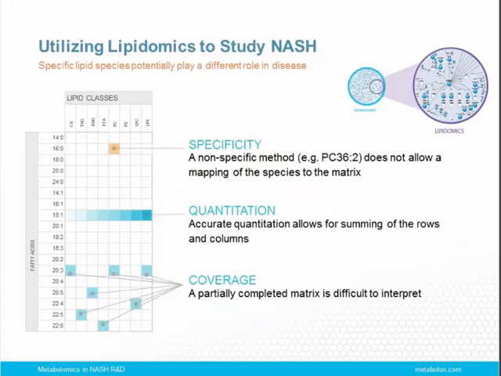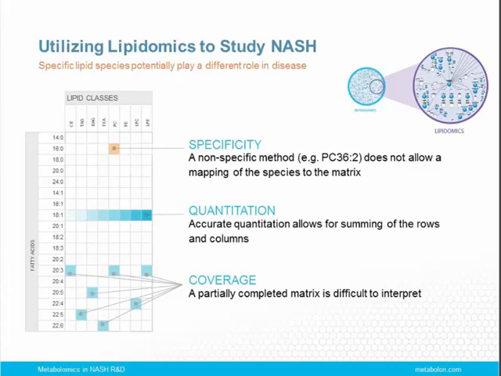So to get a little bit more specific about how lipidomics can be used in tests and the advantages of our complex lipid platform, it is outlined here. Specificity is very important in being able to study lipids. Non-specific methods, for example, identifying phosphatidylcholine 36:2, provide you the number of carbons and saturation level of a lipid, but don't really allow you to map the species to the matrix outlined here.